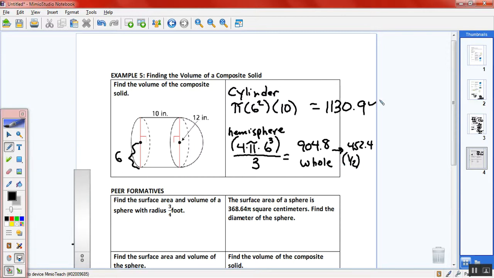So what am I going to do with this value and this value here to get a total volume? Okay, so your total volume is going to be what, kids? 1,583.3 cubic inches.